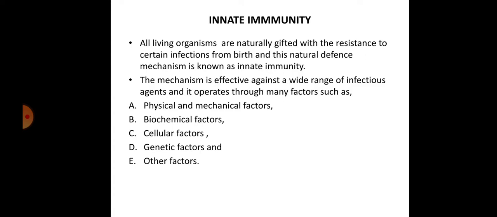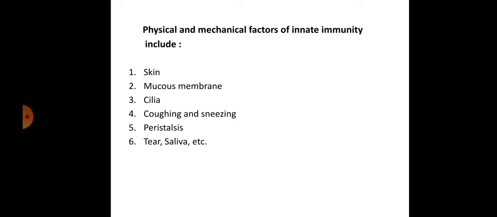These factors are physical and mechanical factors, biochemical factors, cellular factors, genetic factors and other factors. Physical and mechanical factors: here we talk about the skin, the mucous membrane, cilia, coughing and sneezing, peristalsis, and the secretions of the body like tears and saliva.